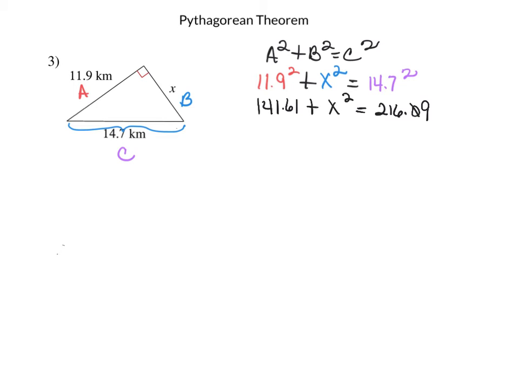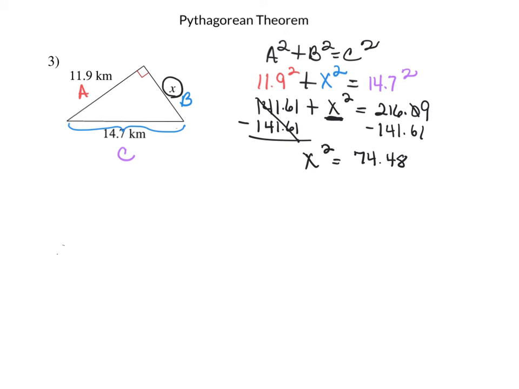Now we have our equation, and now we're going to follow the rules for solving an equation. The idea is to isolate the x. So we're going to subtract 141.61 from both sides. This cancels. We have x squared equals 74.48. But we're not looking for x squared.